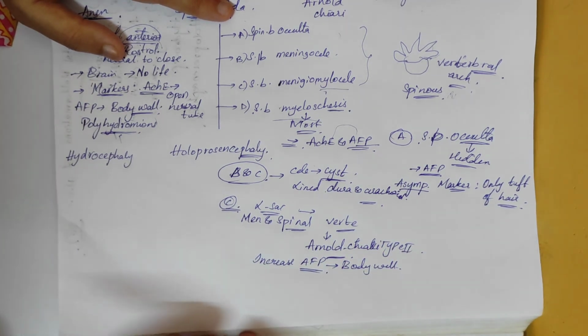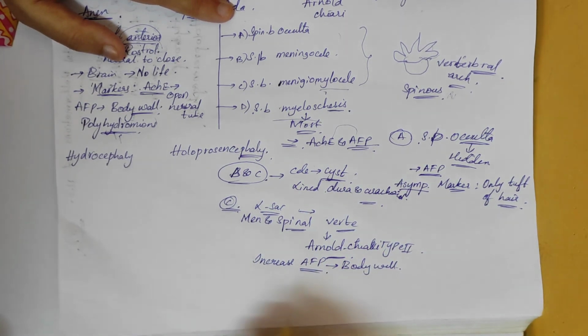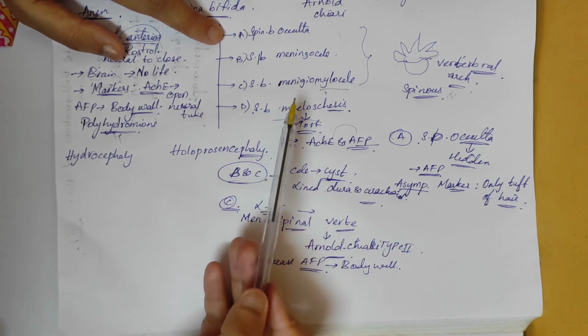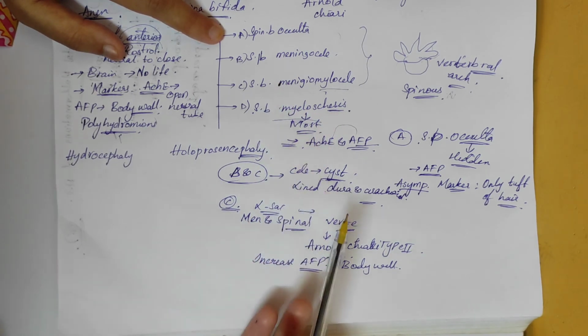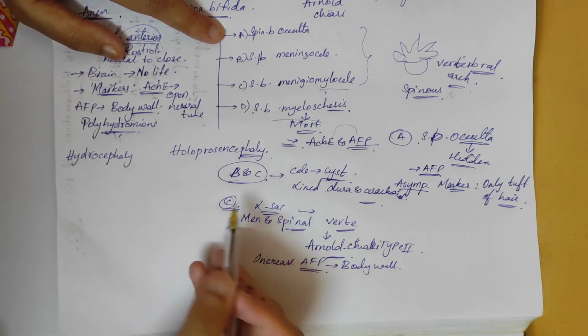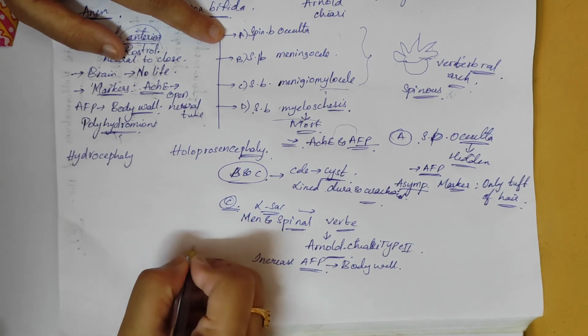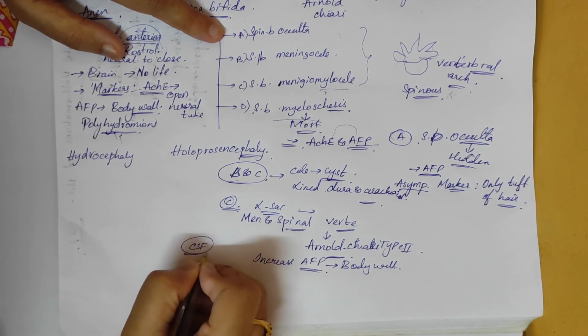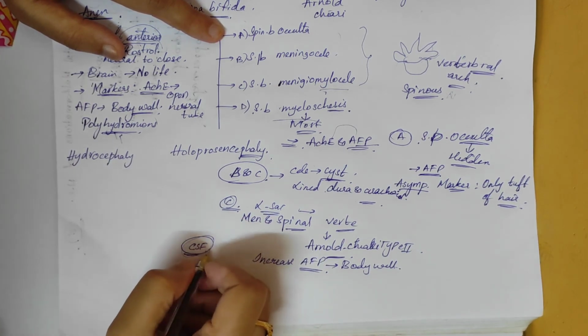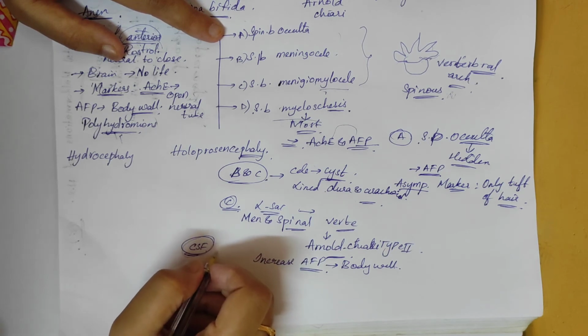And also what happens in meningocele and meningomyelocele is that the ectoderm does not close properly at the site of neurulation. So what is leaking out into the amniotic fluid? Most of you think it is cerebrospinal fluid, but it is not, because it is nicely protected by the dura and arachnoid matter.